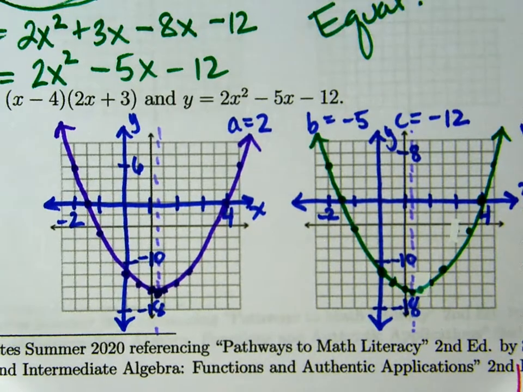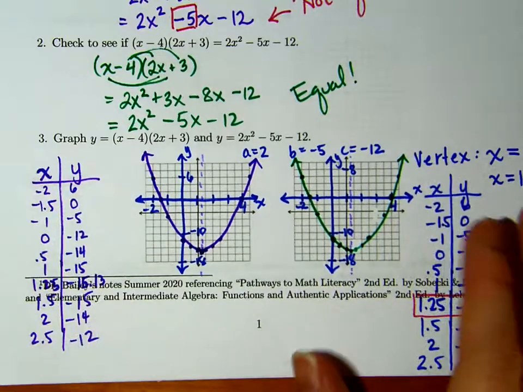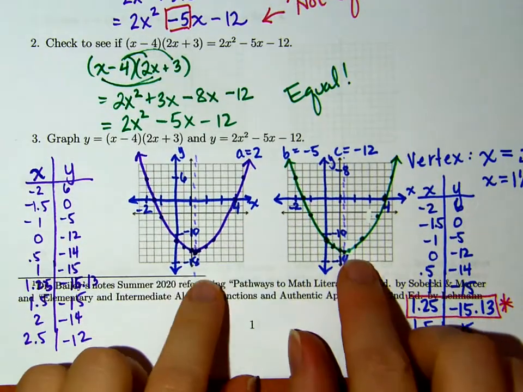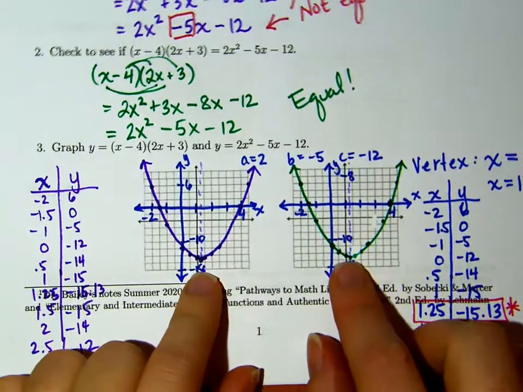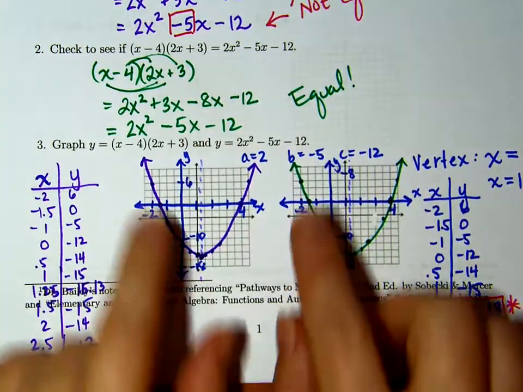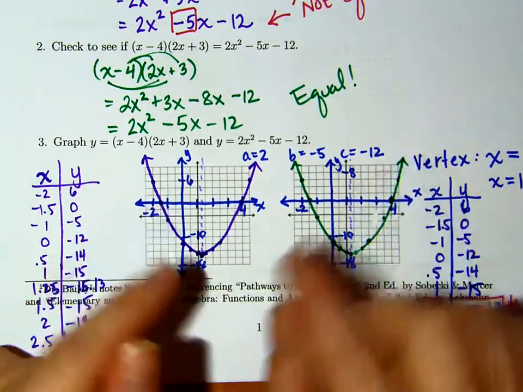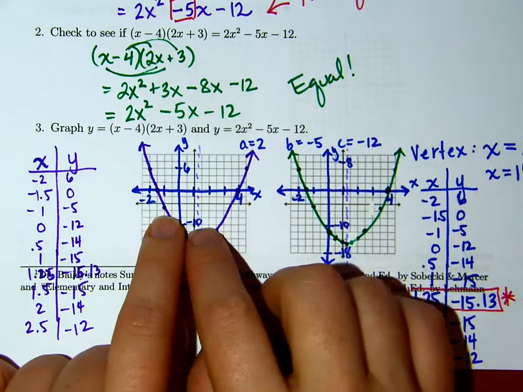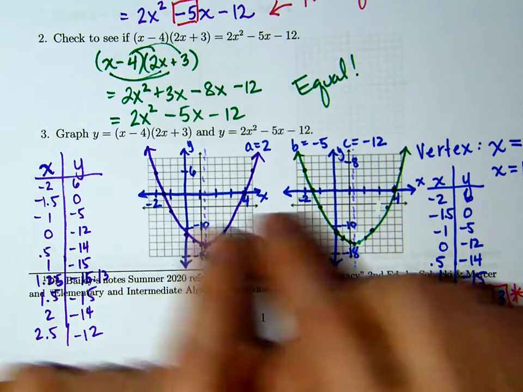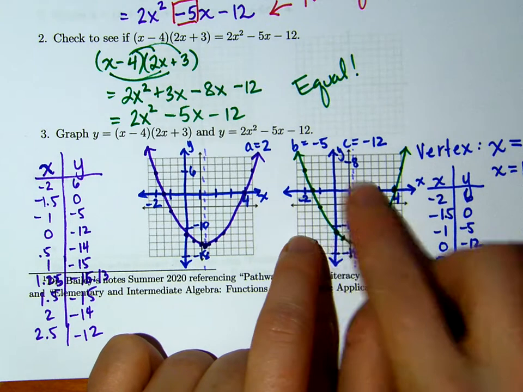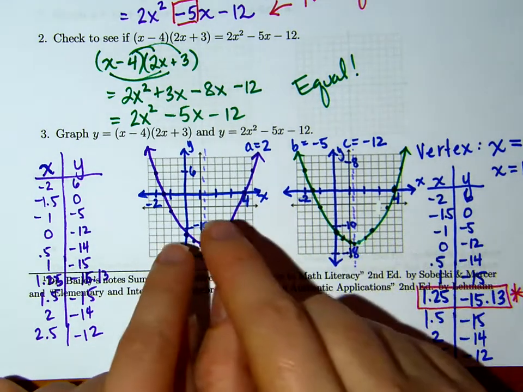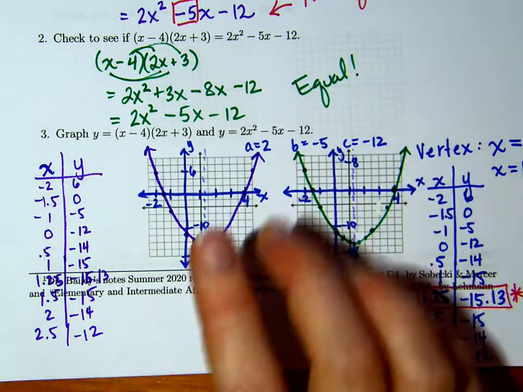So there's a lot that can be said about this. For instance, they have the same vertex, they have the same axis of symmetry, they are equal to each other, their images are the same. For every x value over here, it has a y output. For every x value over here, it has the same y output that this one did.